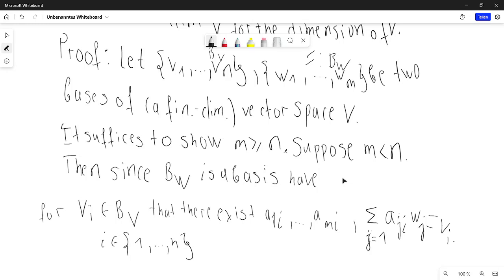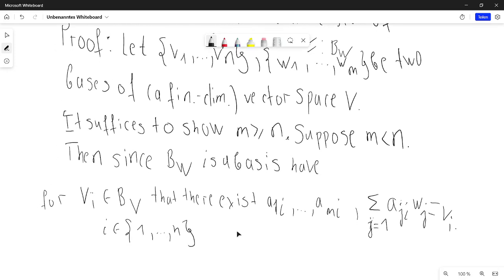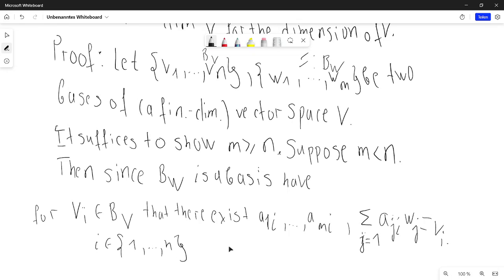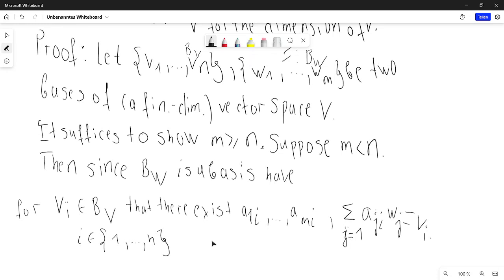And those vectors are supposed to be linearly independent, right? So, well, we have to use that this is more than that.